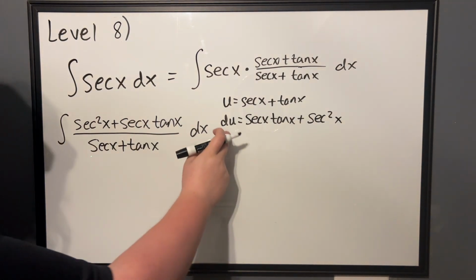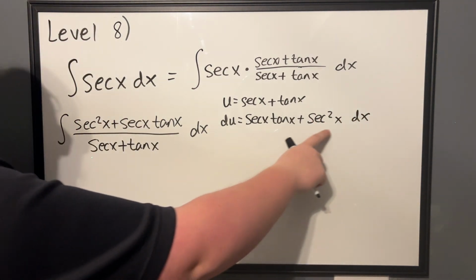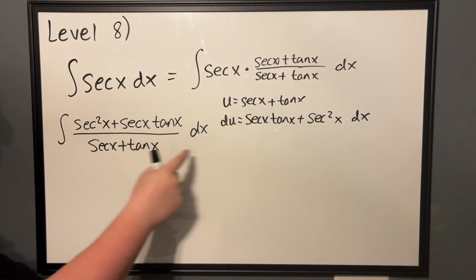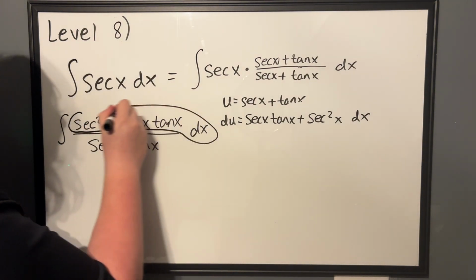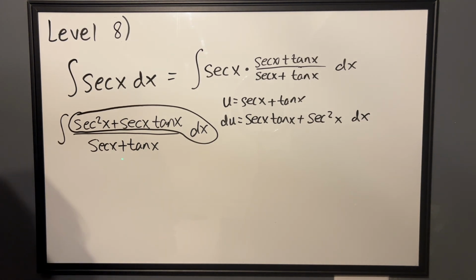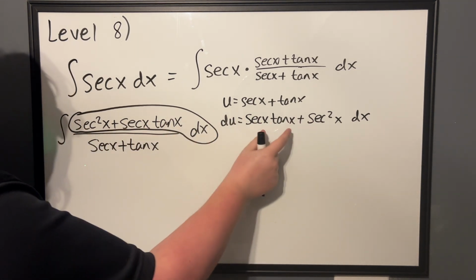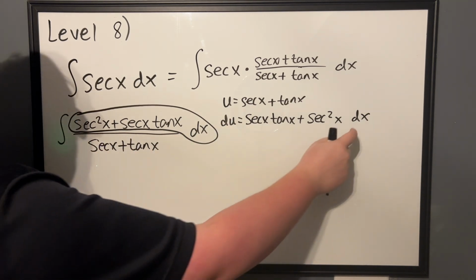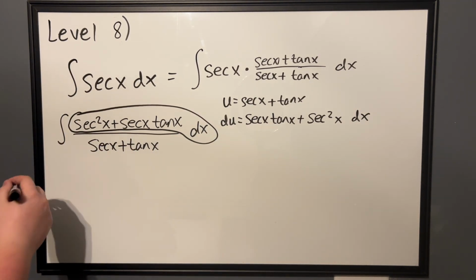And you can see that dx out here as well. You can see that du actually encompasses this entire part up here. So this entire thing will become our du. And you can see how nice that is because it takes everything away. We have the secant squared x, we have the secant tangent x, they're being added, and we're multiplying by dx.